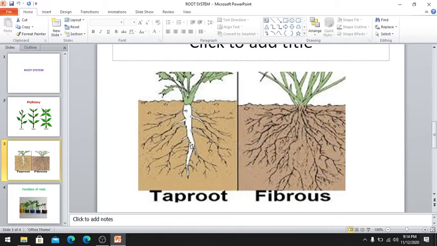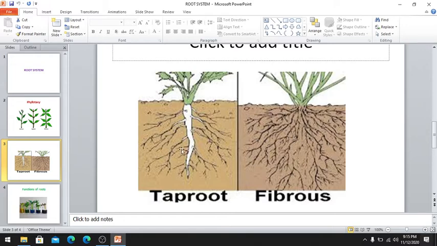Then try to pull out the weeds which you planted in the soil, and you can observe the importance of roots. So do this experiment practically, and when you do, you can understand well. When you pull out the plant which does not have roots, it will come out very easily.